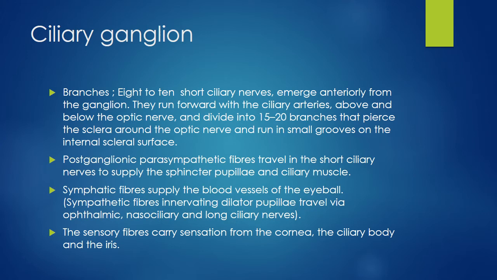Actually these sympathetic fibers travel through ophthalmic division of trigeminal nerve, then join its nasociliary branch and then along long ciliary nerve and supply the dilator pupillae. So the sympathetic fibers for dilator pupillae travel along long ciliary nerves to reach the muscle. The sensory fibers carry sensations from the cornea, ciliary body and iris.